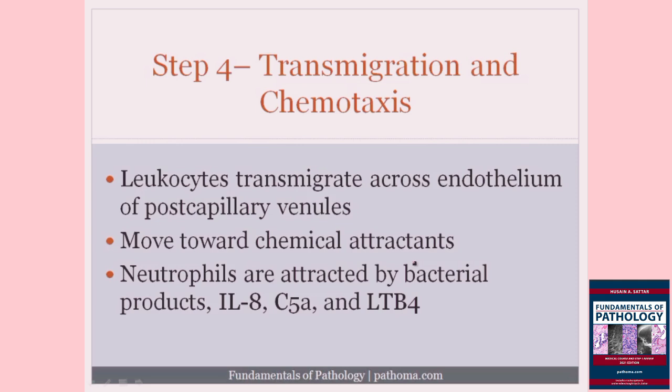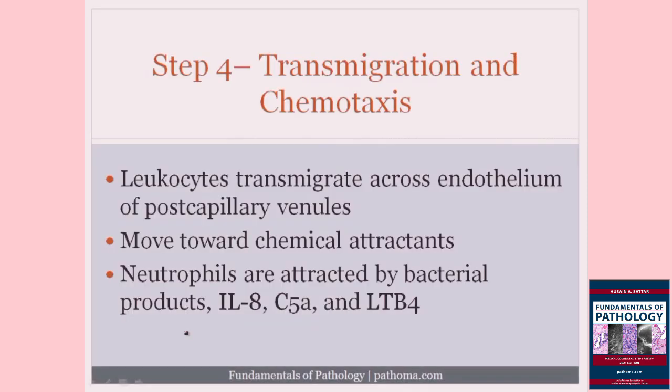Let's go on to the next step in the arrival of neutrophils, transmigration and chemotaxis. I'm going to create a white screen for a moment. If this is the blood vessel, lined by endothelium, and we've got this neutrophil that is adhesed here and stuck, the next step is to bring the neutrophil across the blood vessel. That's called transmigration, to migrate across.